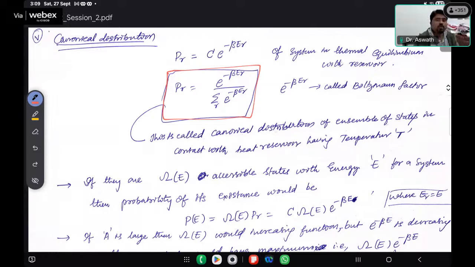In this powerful expression, in the denominator, what you see is a partition function.